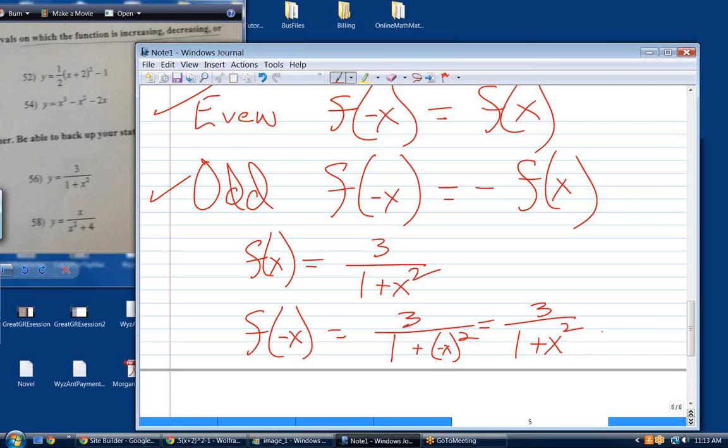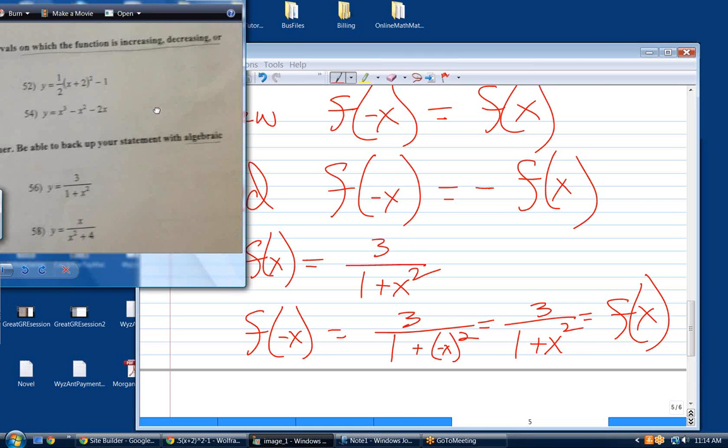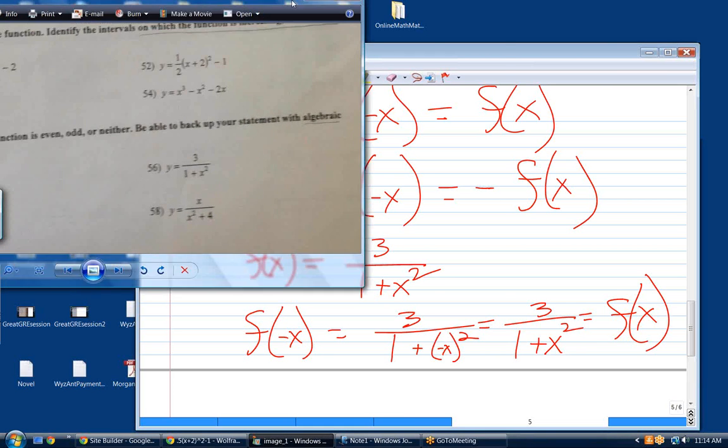So it didn't change. That's the same as f of x. Exactly. It has to be exactly the same. Since f of minus x is the same as f of x, that's even. You can't necessarily look at just the exponent there, because as these get more complicated, that won't always be true.